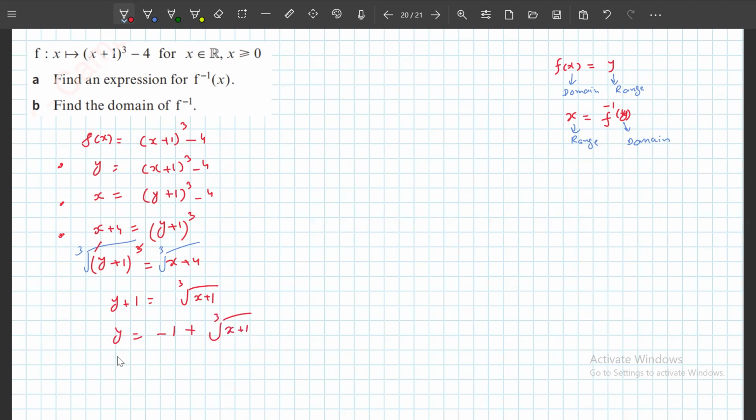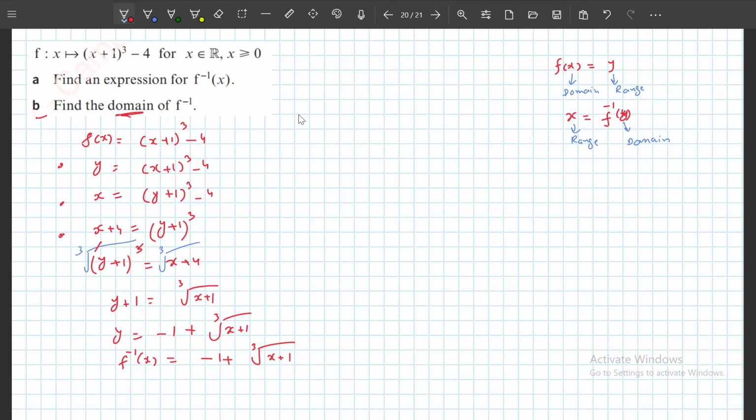So this is our required inverse function, which is equal to minus 1 plus cube root of x plus 4. And remember the second thing, as I already discussed, the domain of this function, x plus 1 whole cubed minus 4, is the range of f inverse. But we are looking for the domain of f inverse. It means what is the range of this function.